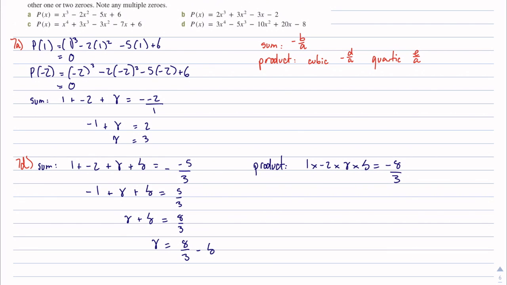So negative 2 gamma delta equals negative 8 over 3. Divide both sides by negative 2. I've got gamma times delta equals 4/3. And I know gamma is 8 over 3 take delta, so 8 over 3 take delta, times delta, equals 4 over 3. I'm going to expand this, so I get 8 over 3 delta take delta squared equals 4 on 3.